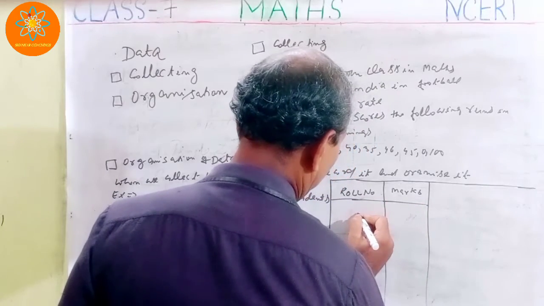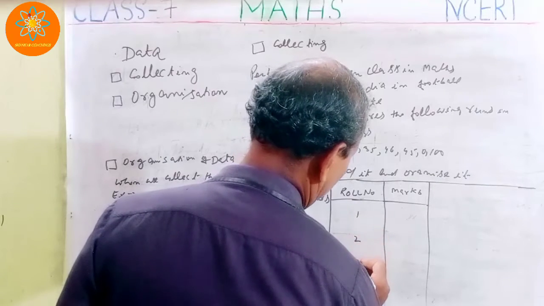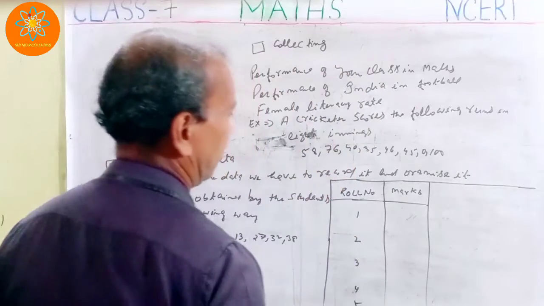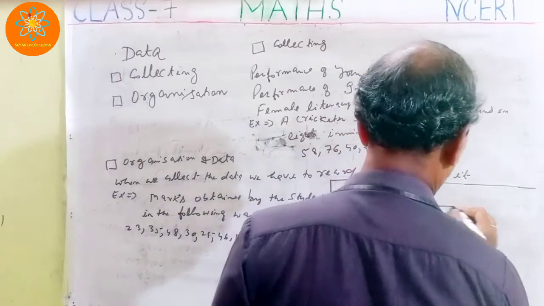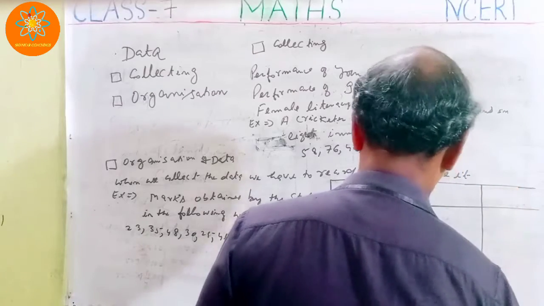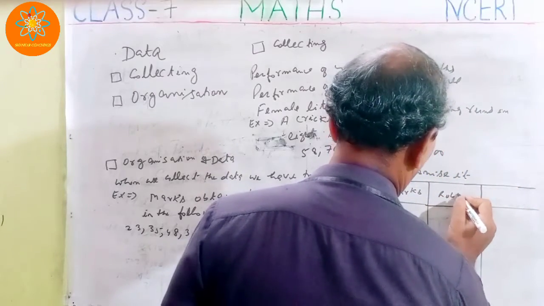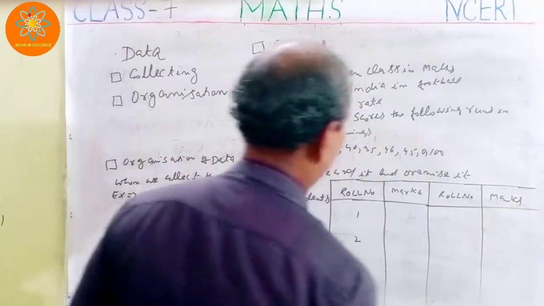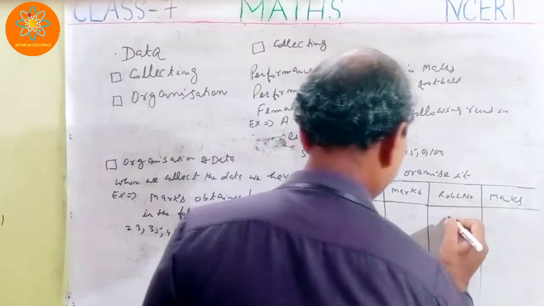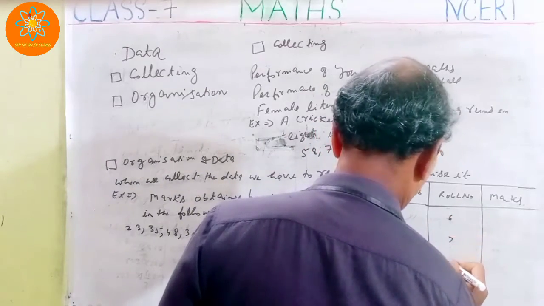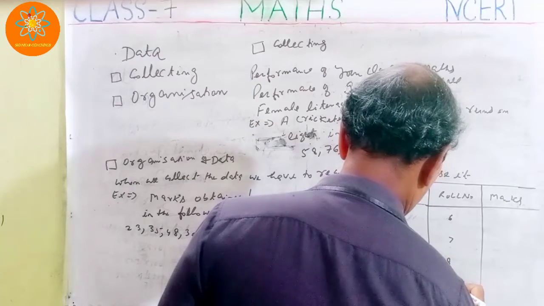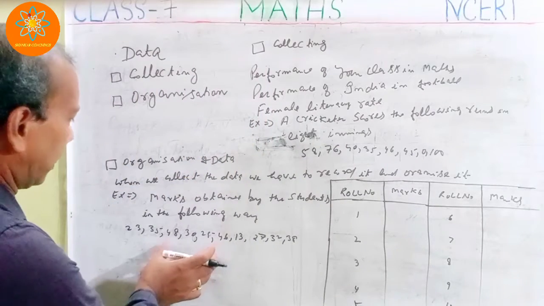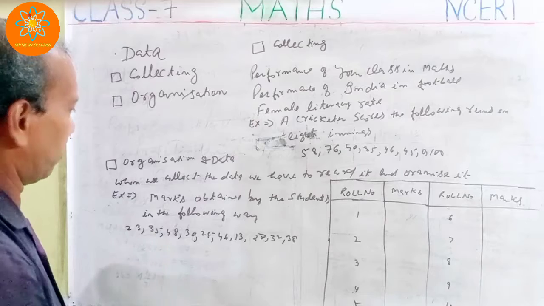Let's suppose roll number is 1, 2, 3, 4, 5. Similarly, again roll number and marks: 6, 7, 8, 9, 10. So I have collected this data, marks obtained by this.